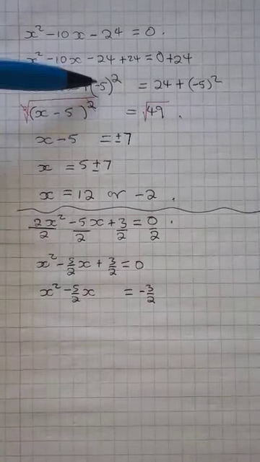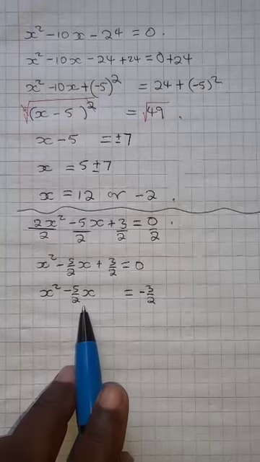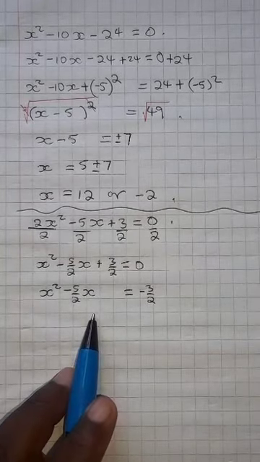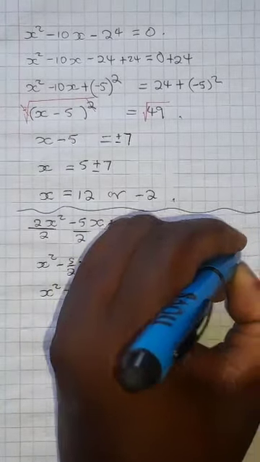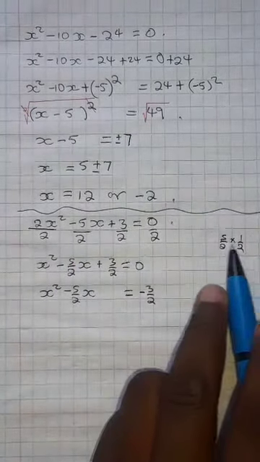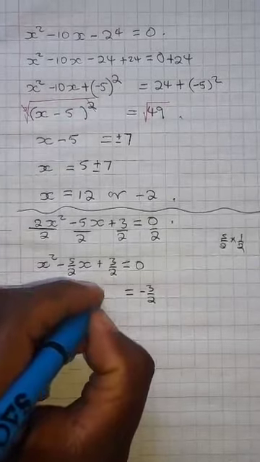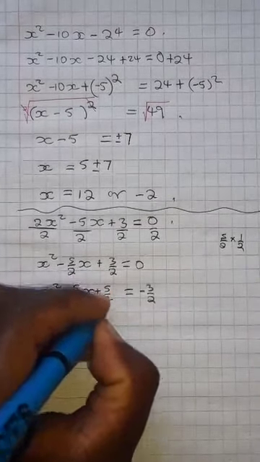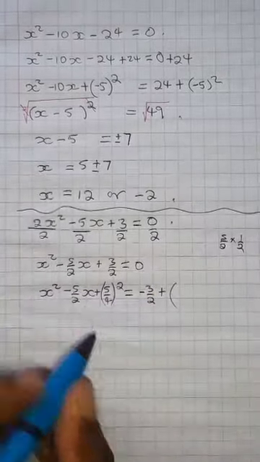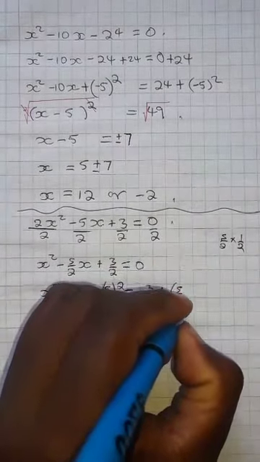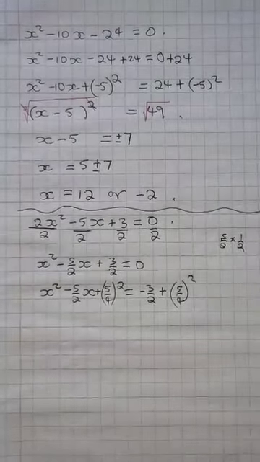Just like we did before, we take half of 5 over 2. How do you get half of 5 over 2? 5 over 2 times 1 over 2 gives us 5 over 4. Remember, it has to be squared, and we're adding it to both sides: 5 over 4 squared.